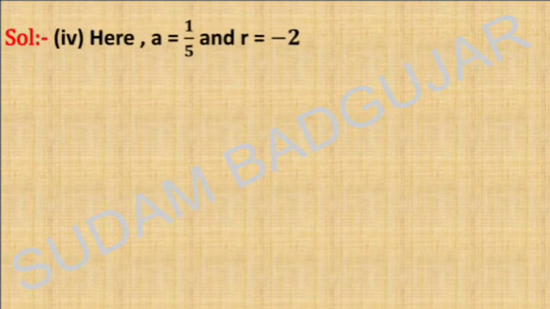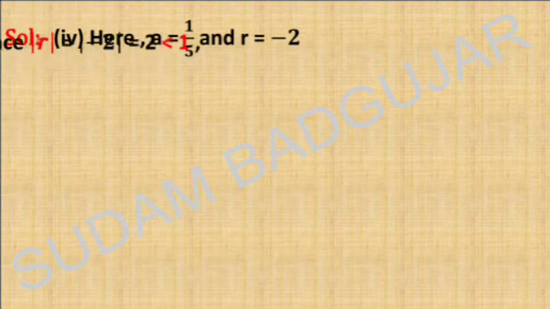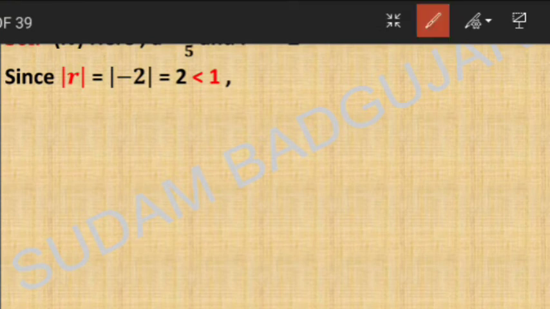Now the solution for the fourth. Here A is equal to 1 by 5 and R is equal to -2. Then absolute value of R, absolute value of -2 is 2, which is not less than 1.